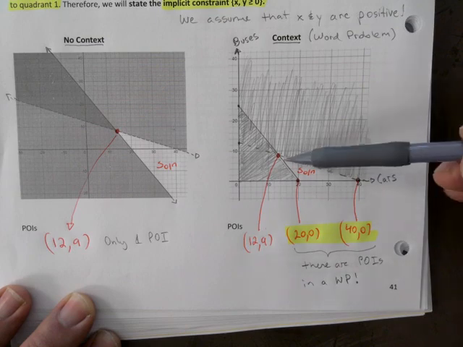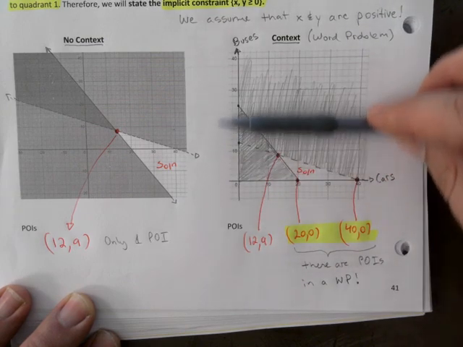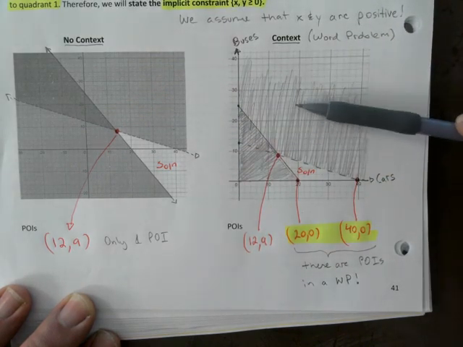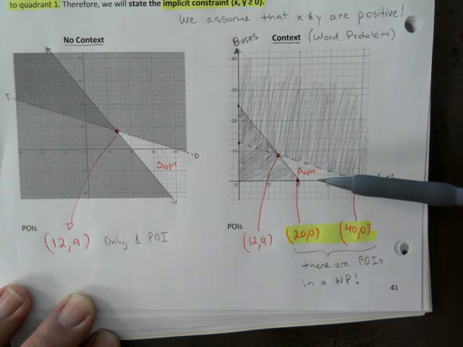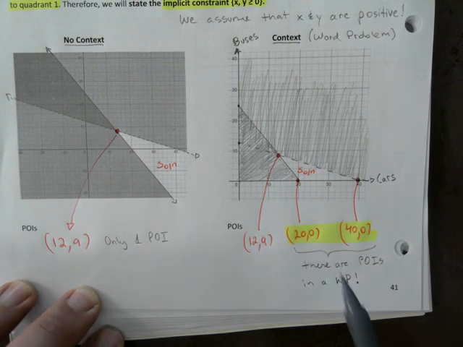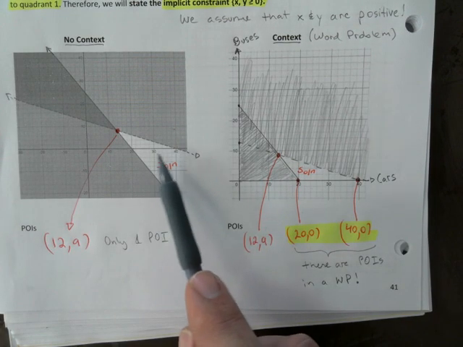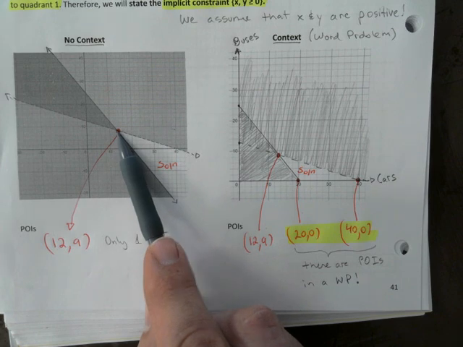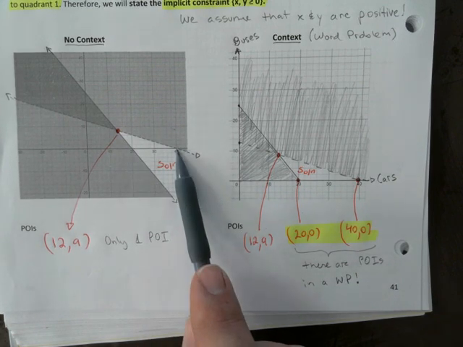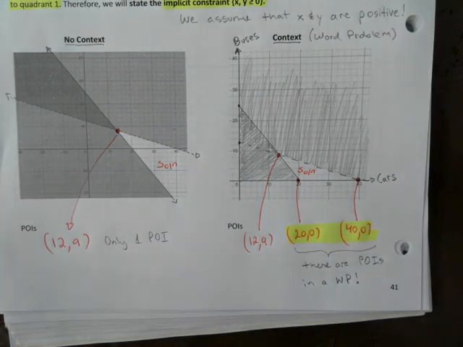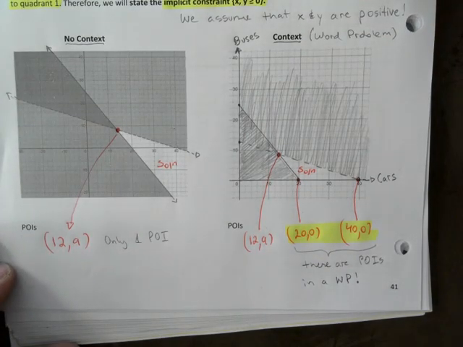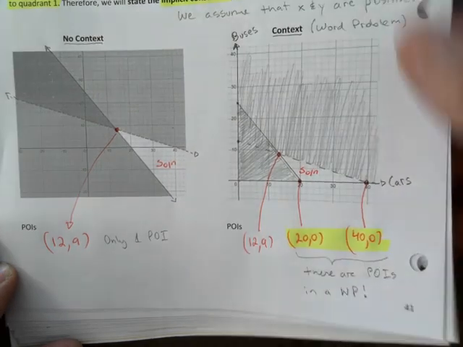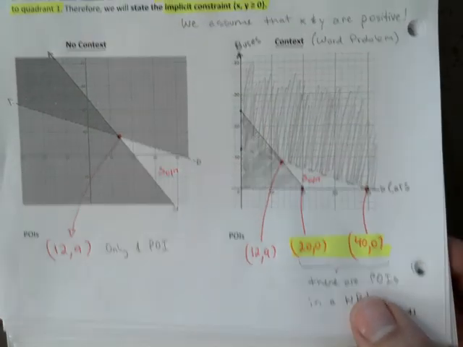So now the solution region, because it can only be in the positive quadrant, in this quadrant 1, everything surrounding that solution region is a POI. But if we hadn't had a word problem surrounding it, we would only have had one. We would not have considered these as POIs. That's all I wanted to say with this. So make sure you understand that. It has to do with the domain and range. Let's keep going to 40.